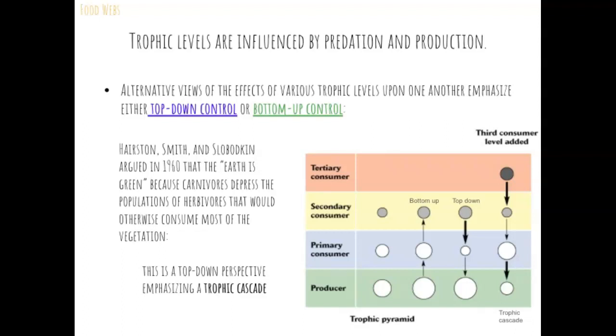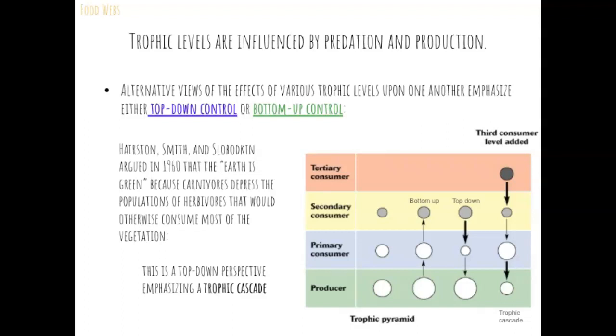On the other hand, top-down control would be where we would assume that the number of birds is limiting the amount of grasshoppers, which allows plants to grow. So in that case, it's the organism at the top of your food chain that is controlling the levels below it and allowing enough plants to grow.